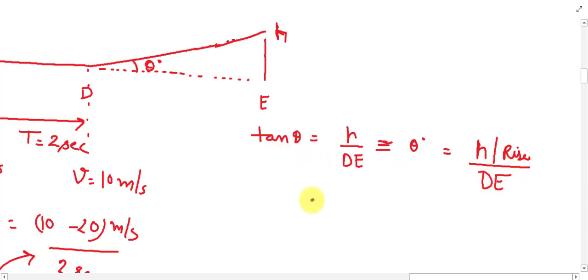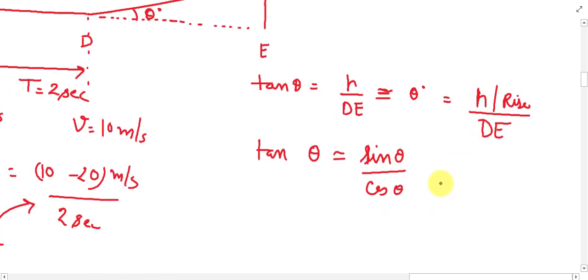It means that sine theta is equal to theta, because tan theta is equal to sine theta upon cos theta. The rise gained by the vehicle is very small compared to the horizontal distance traveled.